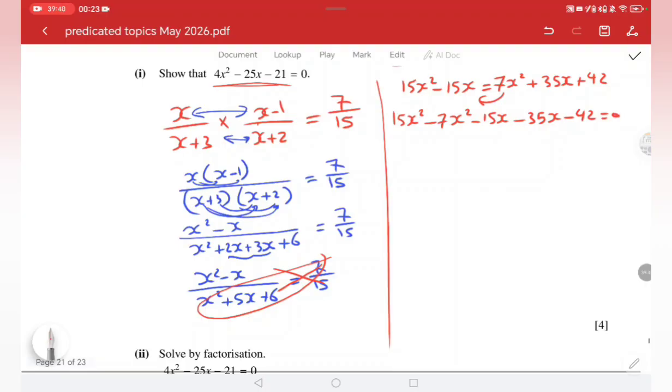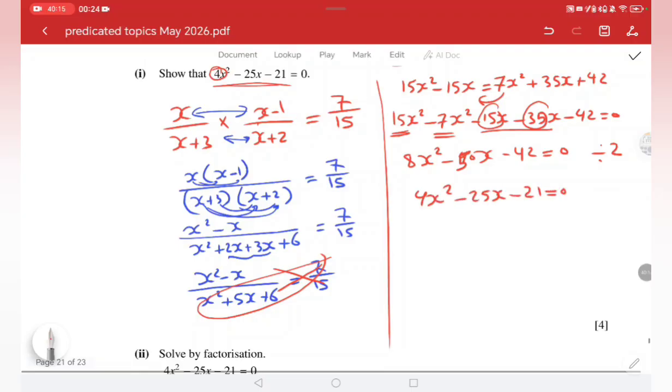So this one is 15 minus 7, so here we have 8x squared, and here minus 50x, and there we have minus 42 equals 0. This is the good thing about this type of question when they say show that: if it's the same, you're right, if not, there is a mistake. So now let's divide this equation by 2. It will be 4x squared minus 25x minus 21 equals 0. So, done.